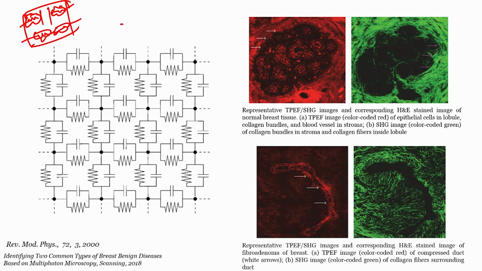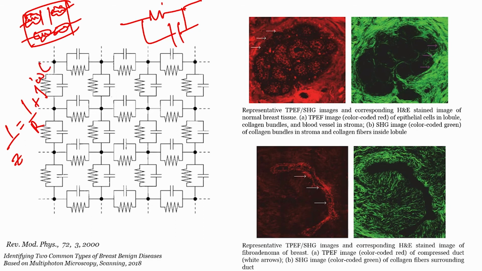So a unit can be represented in terms of a resistor connected in parallel with a capacitor. The impedance for this system would be 1 over R plus j omega C. That's why it will be easy for us to talk in terms of admittance. So admittance would be R plus 1 over j omega C.